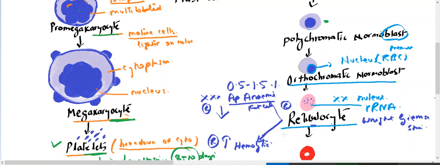Why? Because the bone marrow is trying to form more reticulocytes to form more RBC. That's to compensate.